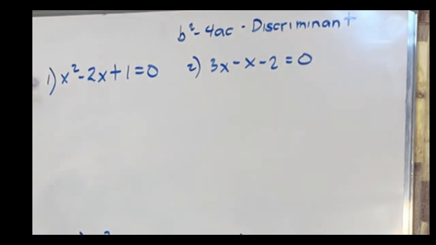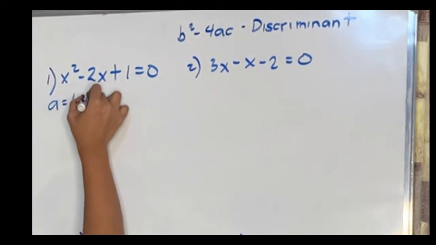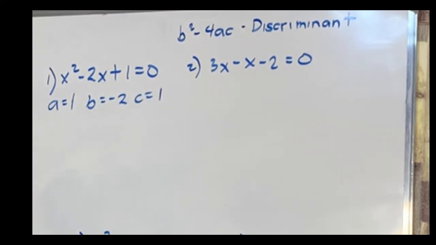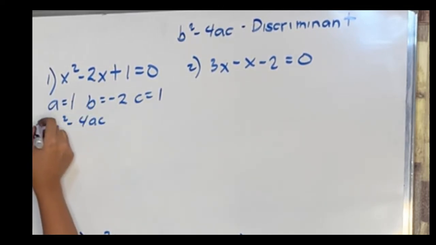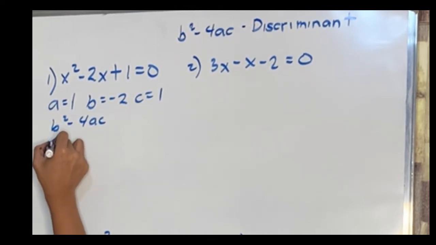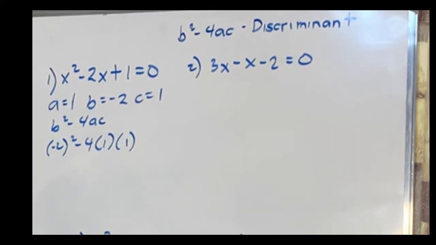Okay, now let's identify the nature of the roots of a quadratic equation by using the discriminant. Consider number 1. We need to identify the values of a, b, and c first. A is equal to positive 1, b is negative 2, c is equal to 1. Plugging into our discriminant, b squared minus 4ac, that is negative 2 squared minus 4 times 1 times 1. So we will have positive 4 minus 4.